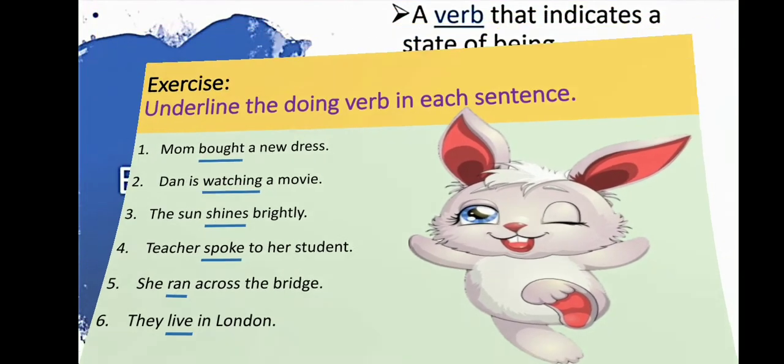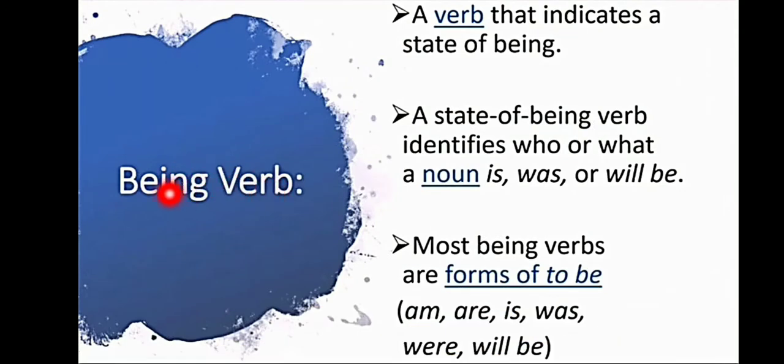Let's see the being verbs now. Being verb is a verb that indicates a state of being. A state of being verb identifies who or what a noun is, was, or will be.